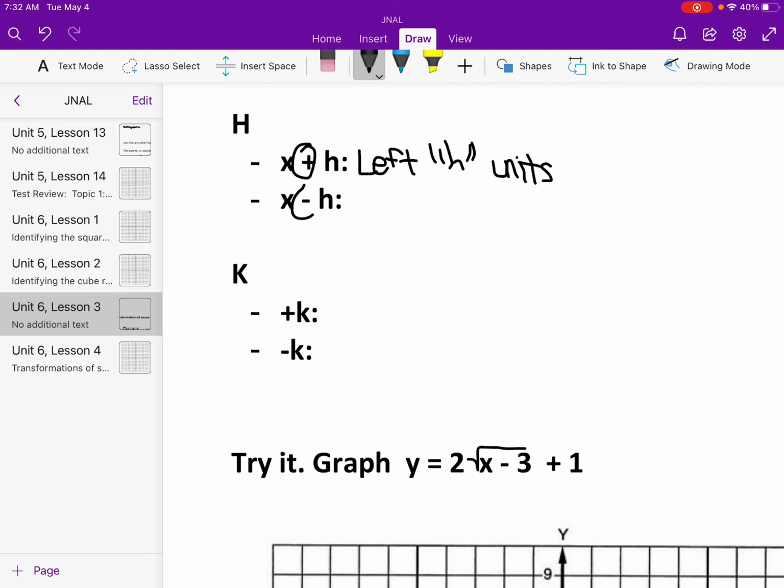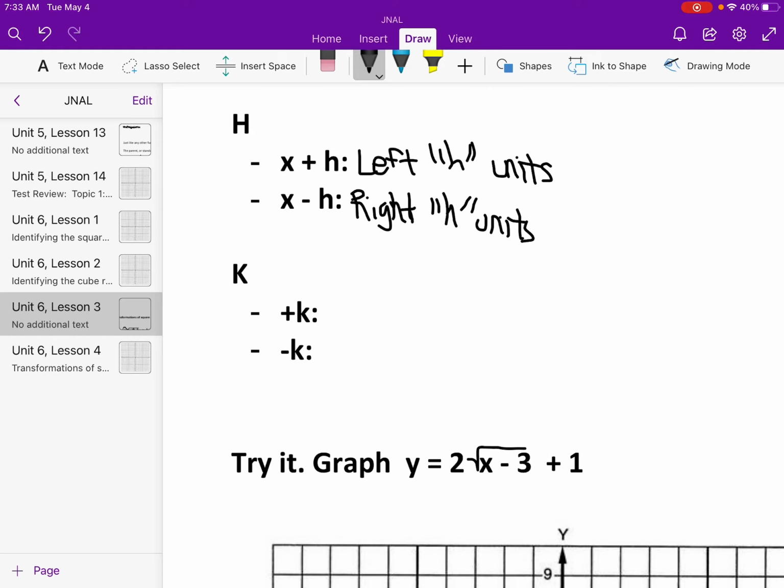This might seem confusing, that usually a negative is put together with the direction of left, but it is because you're finding x, and if you set x plus h equal to 0, then you would get x equals negative h, so it would end up negative anyways. That's why it's like that. And if h is negative, then it would be right h units. So negative is right and positive is left.